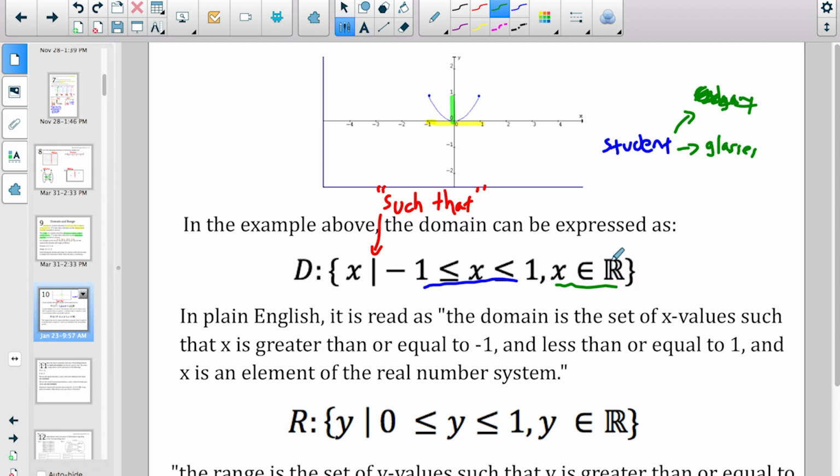So we have learned about the real number system already in a previous outcome. Now let's say, for example, that we said we're only allowing integers. If we only allow integers, this will actually change our graph quite a bit. We would only see points that go here, here, and here.